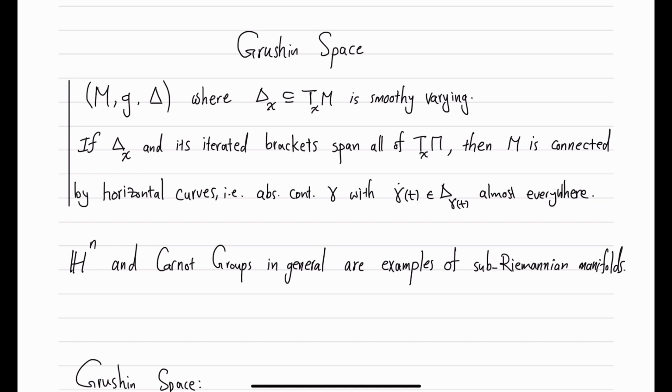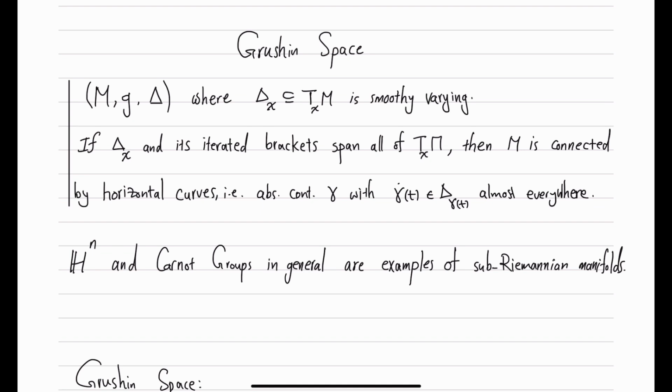Let's recall that a Sub-Riemannian manifold is a Riemannian manifold (M, g), where g is the inner product on tangent spaces. And we have a distinguished choice of a subspace of the tangent space at every point, and this choice smoothly varies.